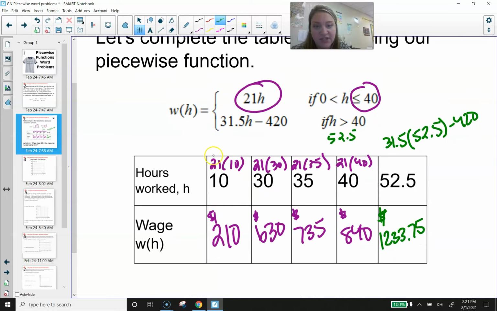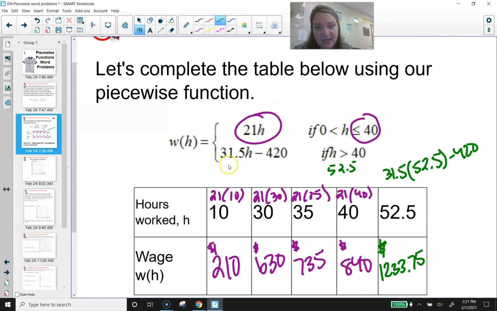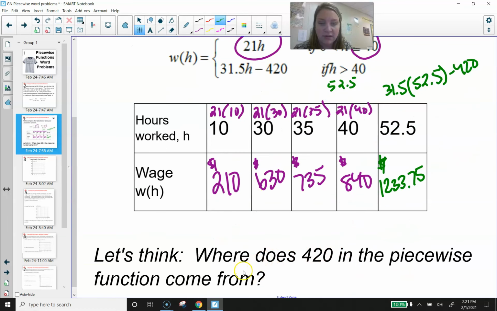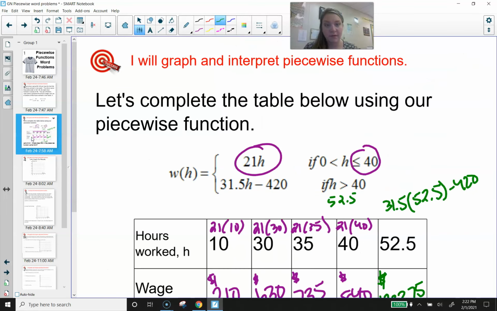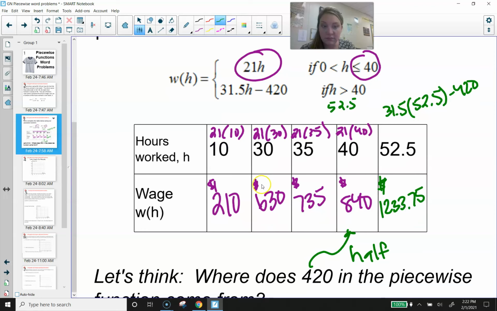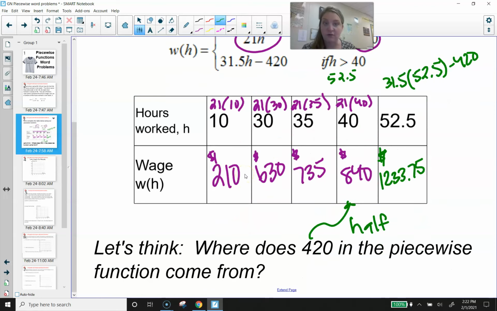So in my equation here, it made sense that we had the 31.5H, right? Because it said anything after 40 hours, I get time and a half, which is $31.5 per hour, okay? What does this minus 420 come from? Okay, so look at our table. Where do you think minus 420 comes from? 420 is half of 840, right?